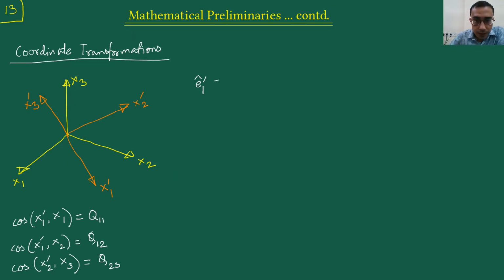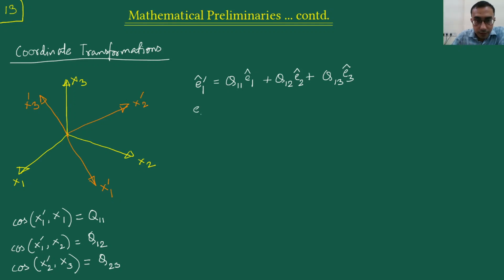So this will be q11 E1 hat. In a similar fashion, the component of this E1 hat dash along the x2 will be nothing but q12. And in a similar fashion, the component of the E1 dash along E3 will be q13. So we have this relation.